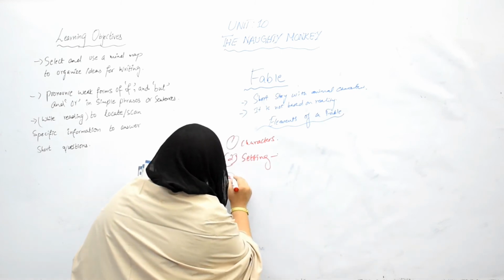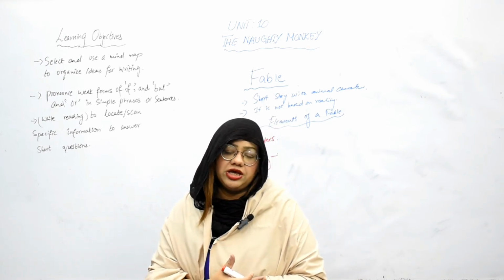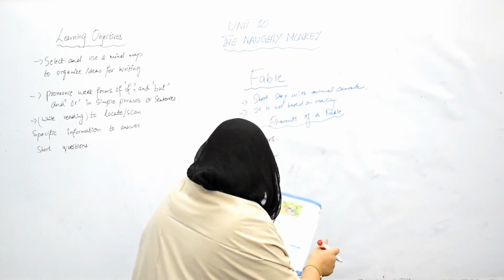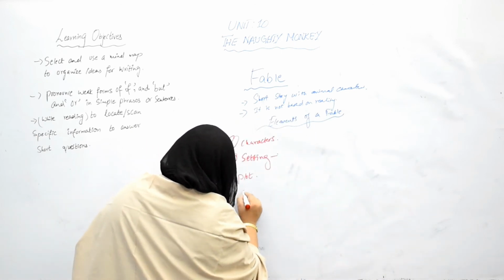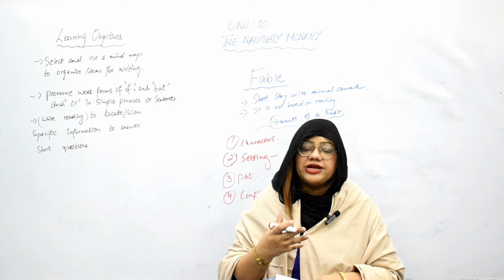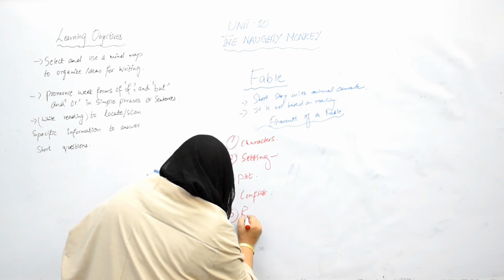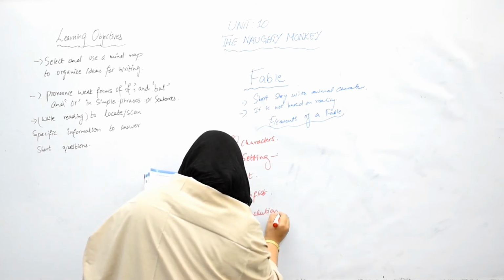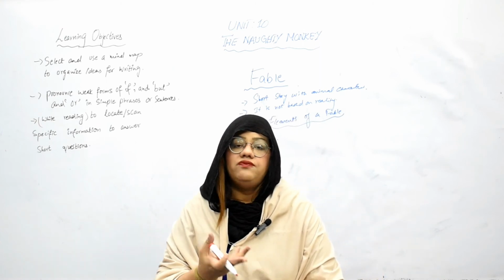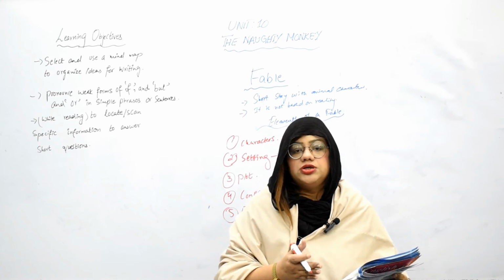Number three is the plot, the theme of the story in which the events are planned. Number four is the conflict, a problem that a character has to face. And number five is the resolution, the solution of the conflict that arises in the story. Obviously, the moral of that specific lesson, the moral of the story.